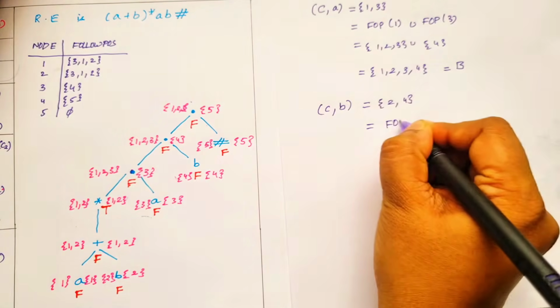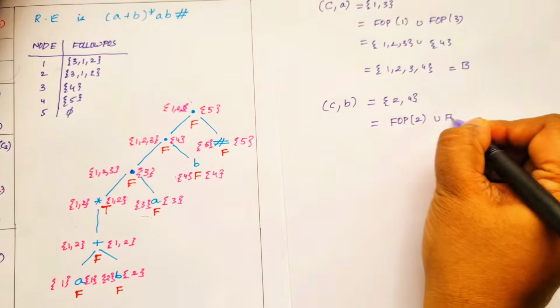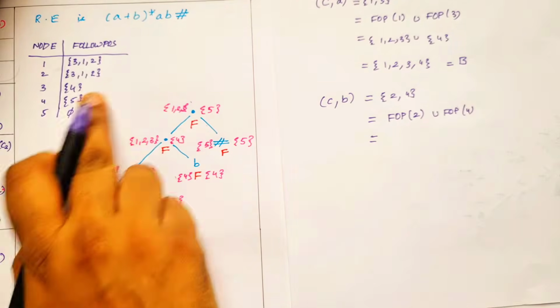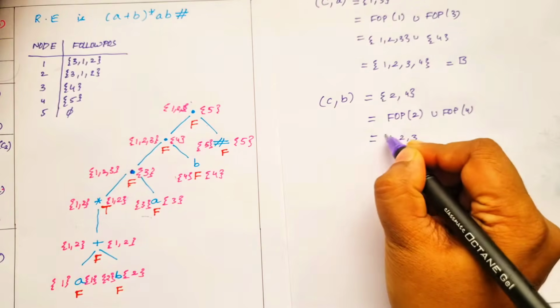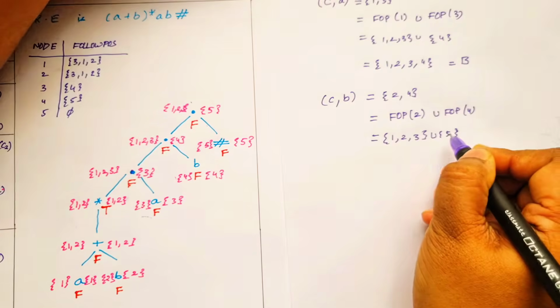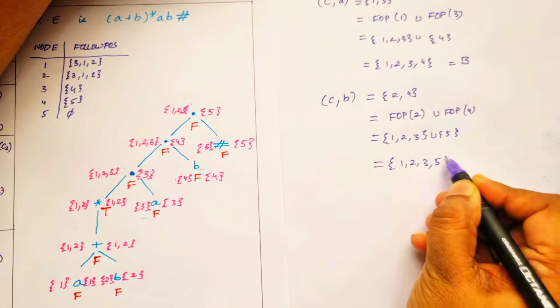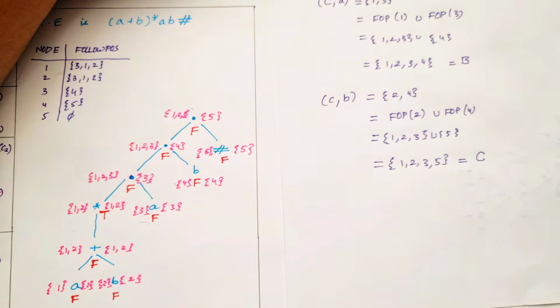Nothing but you have to find the follow position of 2 union follow position of 4. What is the follow position of 2? 1, 2, 3, and for 4 it is 5. 1, 2, 3 union 5. It is 1, 2, 3 and 5. This is nothing but C state again.